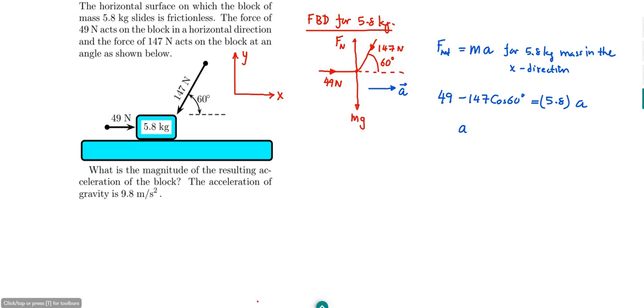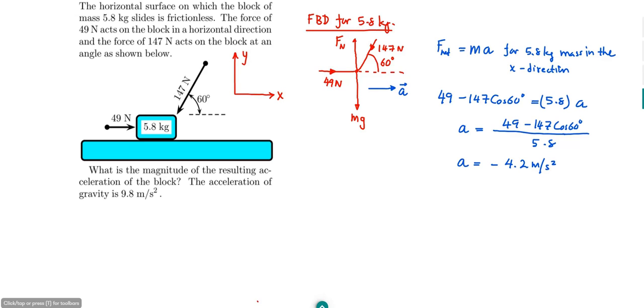If we substitute the values, we are going to get 49 minus 147 cosine 60 divided by 5.8. If you solve this, simplify this, you are going to get the acceleration is negative 4.2 meters per second squared.